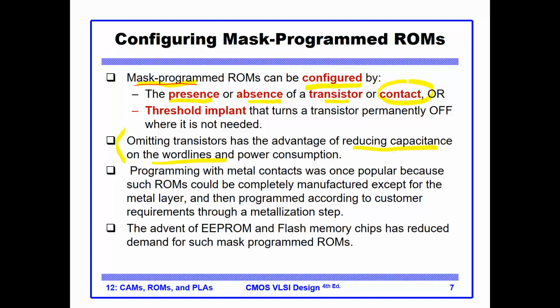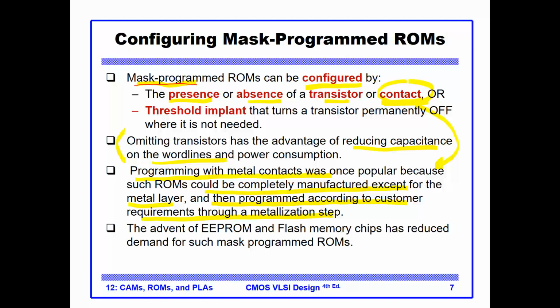But people got a little bit more sophisticated, and said, okay, what about if we program contacts? Programming contacts was useful with metal contacts, in the sense that you complete the manufacturing of the wafer all the way to the metal layer, then you put it on the shelf, then the customer comes in and says, I need this function. And we say, okay, we will implement the metal contacts in such a way that we implement your function.